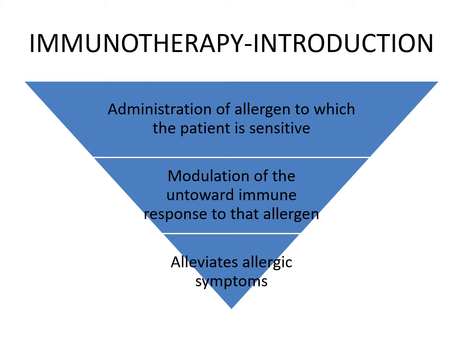We are going to administer these allergens in very small quantities and gradually increase the dose, which results in modulation of the untoward immune response to that allergen and is expected to alleviate allergic symptoms of the patient. So this is the basic principle of administering immunotherapy.